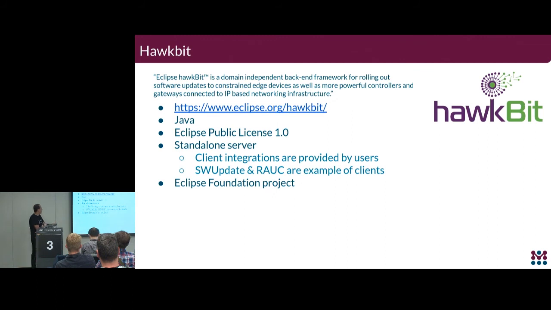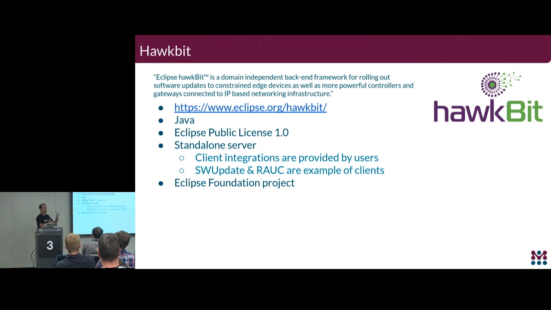And Hawkbit is an Eclipse Foundation project, and it has sponsors like Bosch and so on. It's a standalone server to manage deployments, written in a generic way, so it doesn't care what kind of client is connecting.